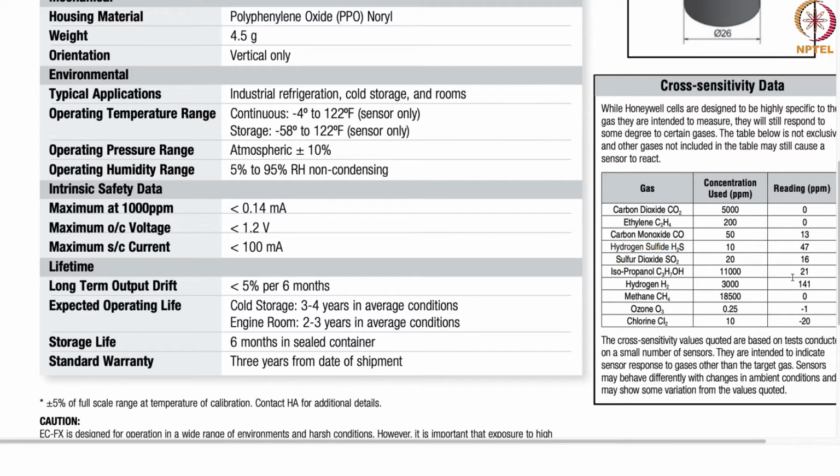So cross sensitivity for a lot of practical applications is one of the key parameters that you want to look at. It is not good enough if you make a sensor that just measures what you want to measure.